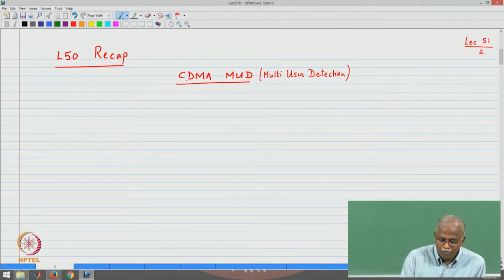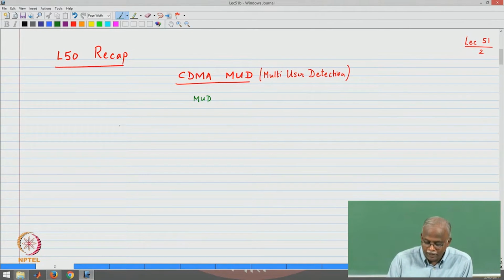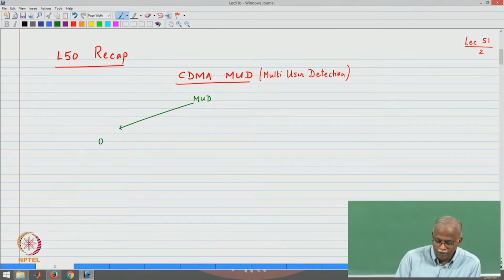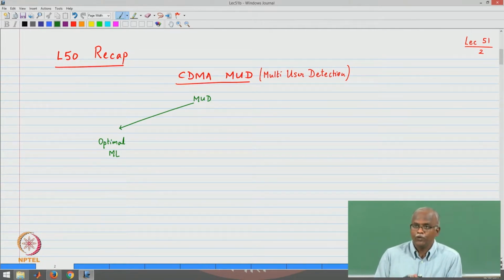So, the problem of multi-user detection, if you were to think of it as a family of solutions, the first solution that we referred to was the optimal or the maximum likelihood receiver, where we computed through exhaustive search what was the vector that was transmitted by each of the K users.